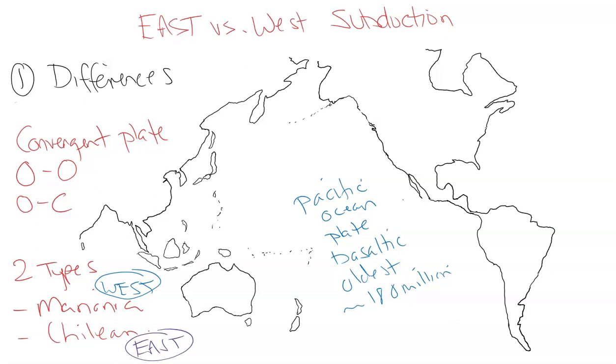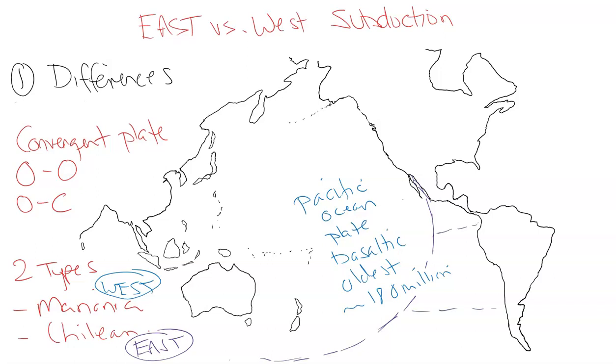But the ocean plates are produced or made at the mid-ocean ridges or rises. In this case, the Pacific Ocean is made through this area right here. The East Pacific Rise goes around here underneath New Zealand and Australia, under the Indo-Australian plates, and you have the Cocos plate right here, and the Caribbean plate.